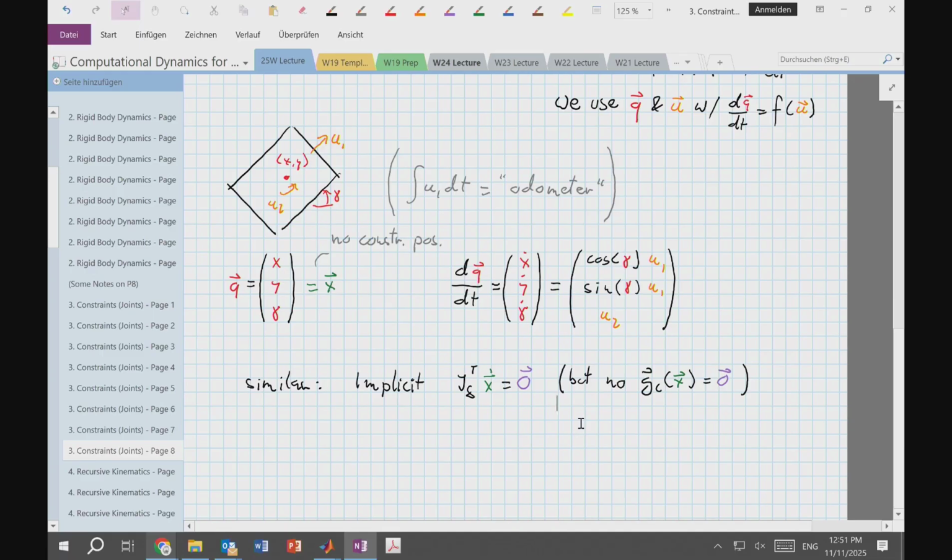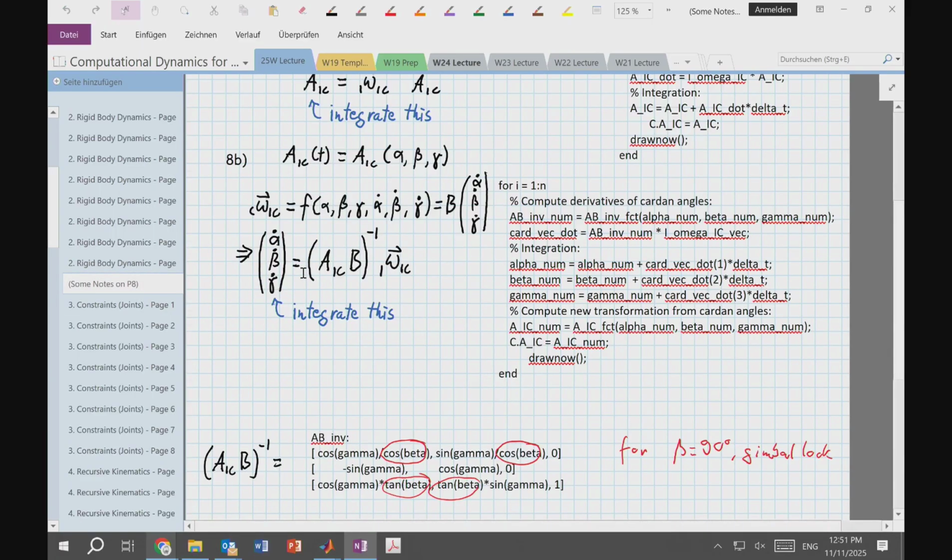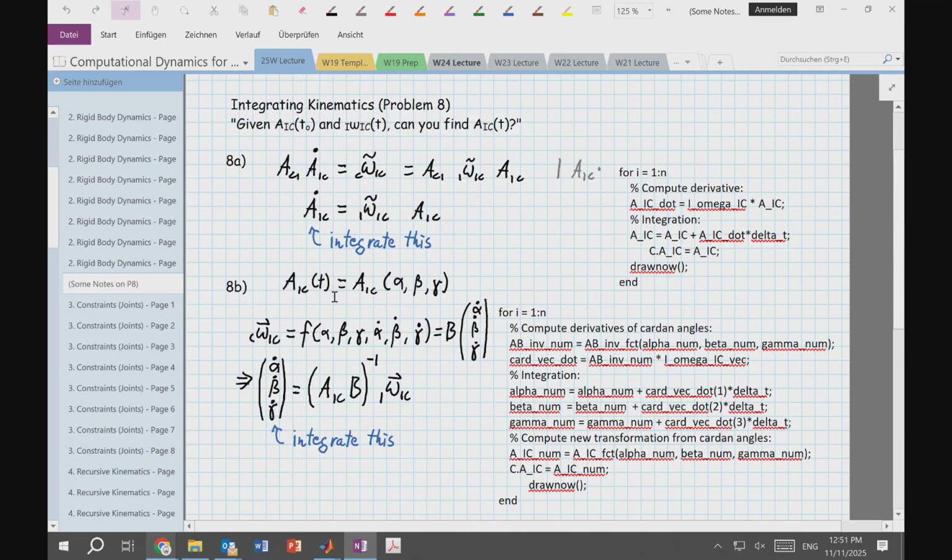To wrap this up, there's no reason to be afraid of non-holonomic constraints. I know this because all of you have used non-holonomic constraints in this class. You didn't even realize it, and it didn't cause any major problems. And this is what we did in problem 8, for example in 8b, or in general, where we represented orientations through a matrix, through 9 elements, and angular velocities by a 3-vector.